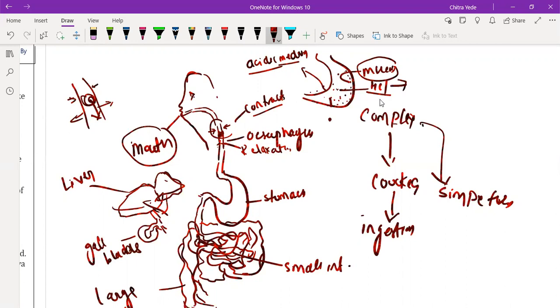After the digestion process in the stomach is completed, that food is pushed into the small intestine, and in the small intestine, the inner lining contains finger-like projections like this.